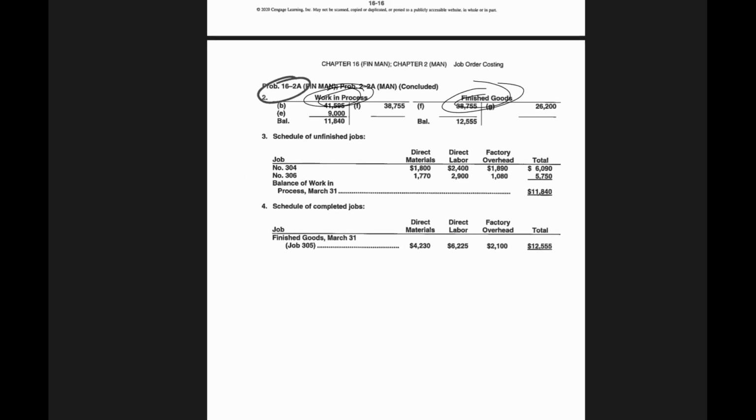Number 3 shows the schedule of the unfinished jobs. Well, according to letter G, the finished ones were 301, 302, and 303. So what's left is 304 and 306. Excuse me. The jobs that were completed according to letter F are 301, 302, 303, and 305.